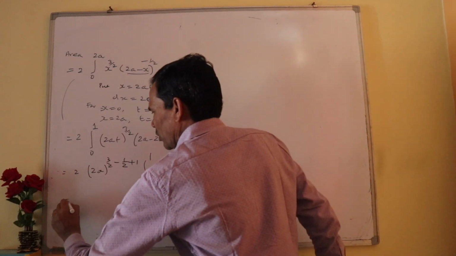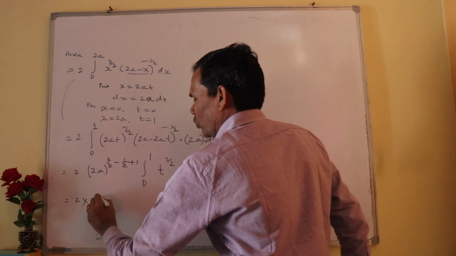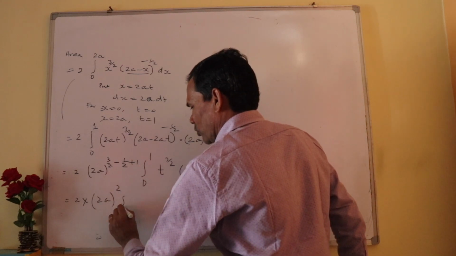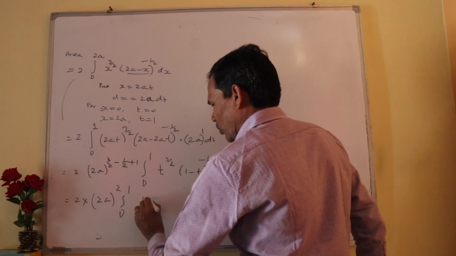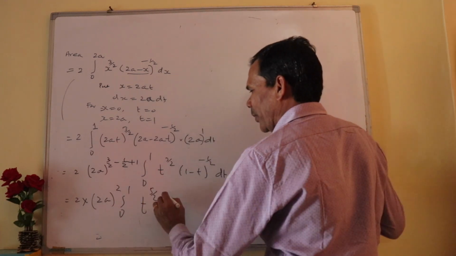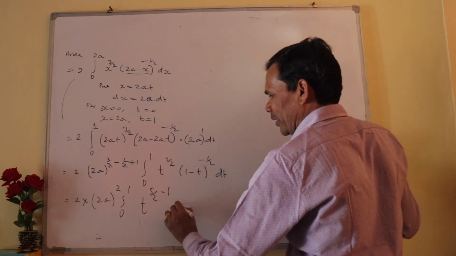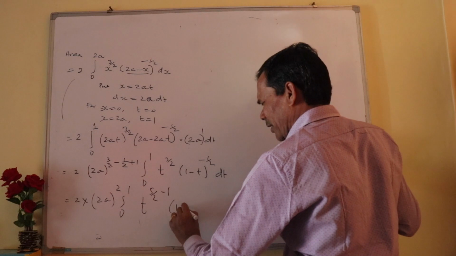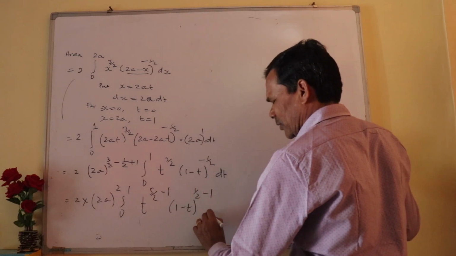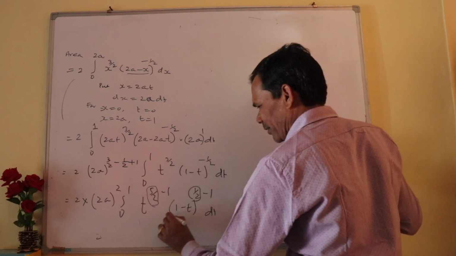So this is 2 times 2a, bracket square, 0 to 1, t raised to 5 by 2 minus 1, and here 1 minus t, bracket raised to half minus 1, so it is minus half, dt. So this is m and this is n.